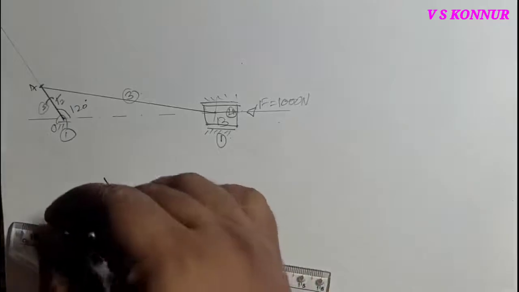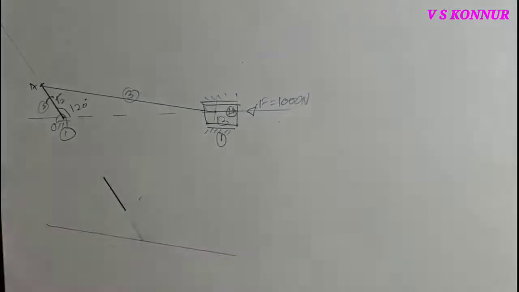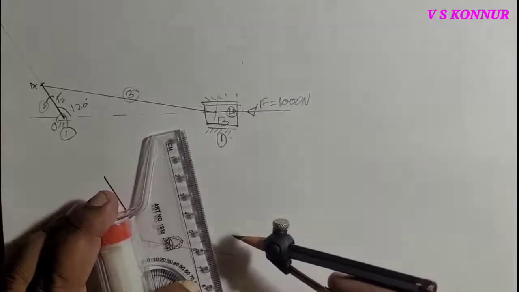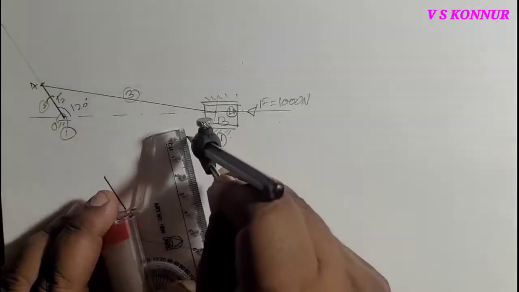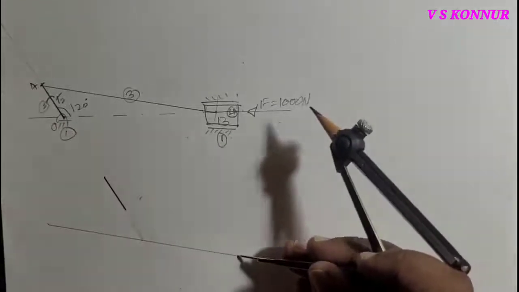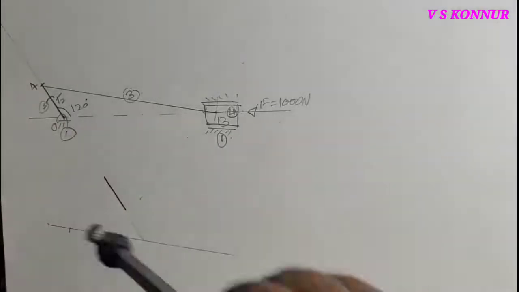We'll draw here, then we'll cut it by the same length. Now take the divider. Take 90 millimeter from the divider, because the length AB is 90 mm. Now we'll keep one point and we'll cut it.